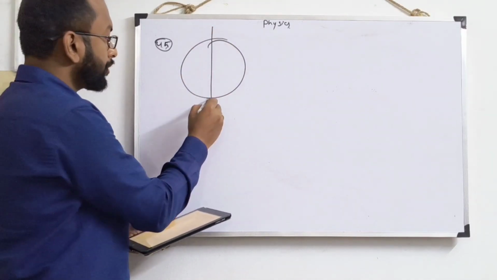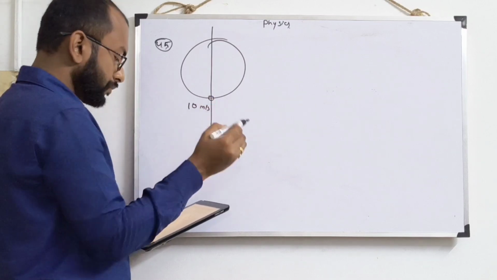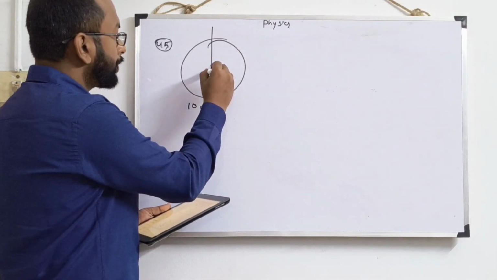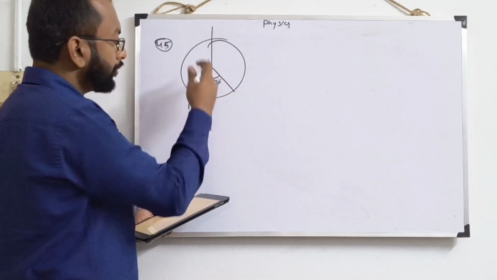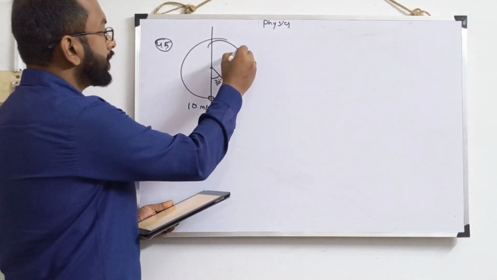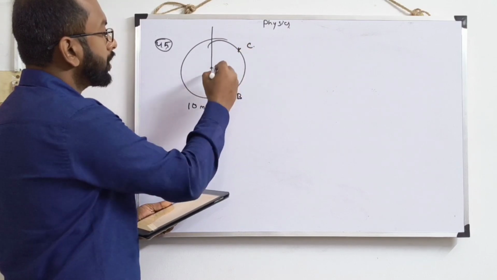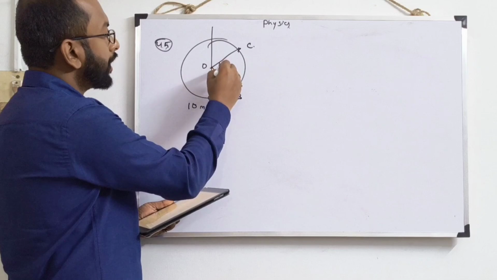Here the velocity at the bottommost point is 10 meter per second. The point B is having the angle with the vertical axis of course 30 degree, and the C point is having the angle with OB, that is 90 degree.